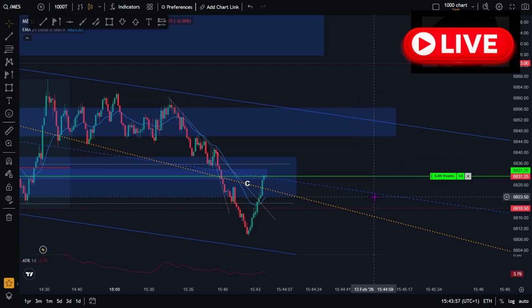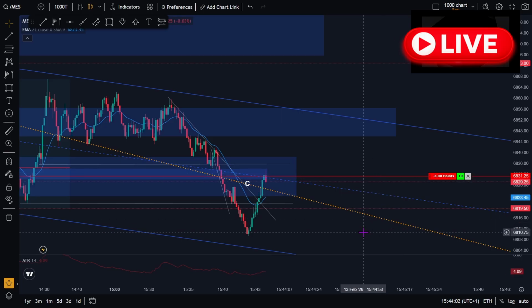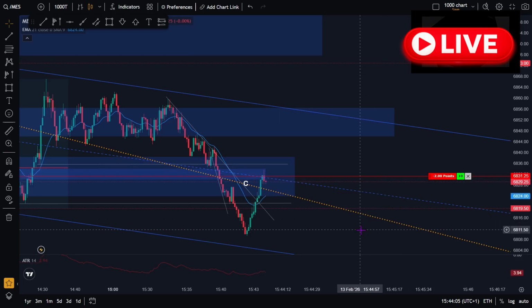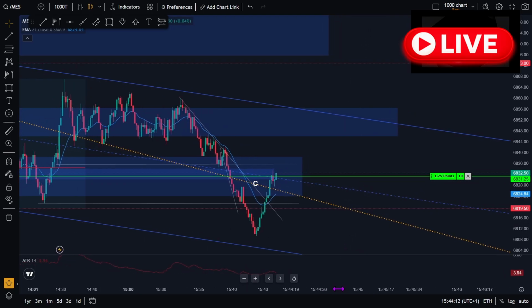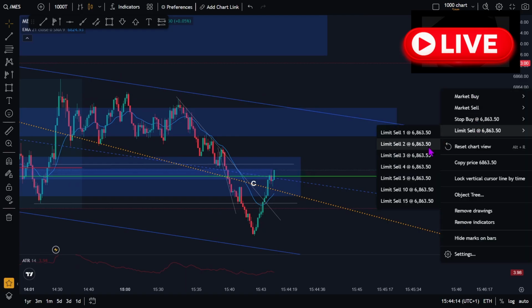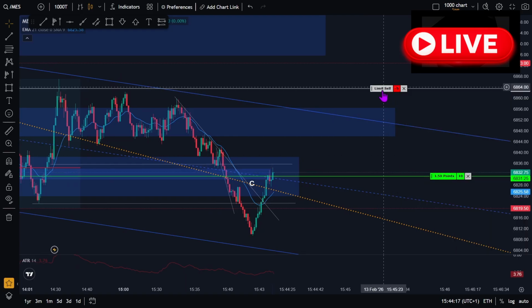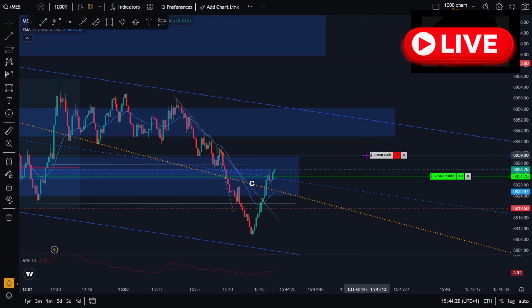Order filled. Need to see red. And I'm already in the trade. So now we do like this.